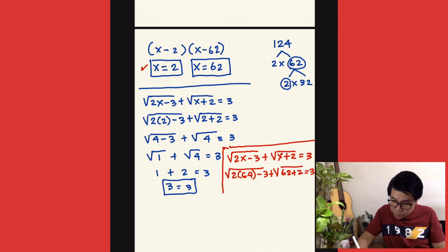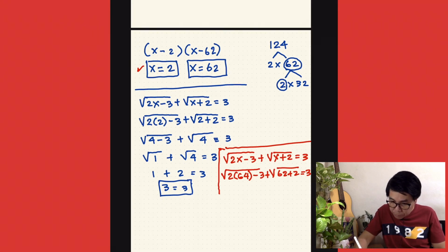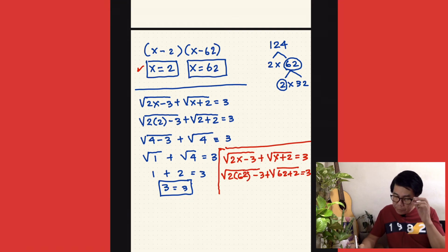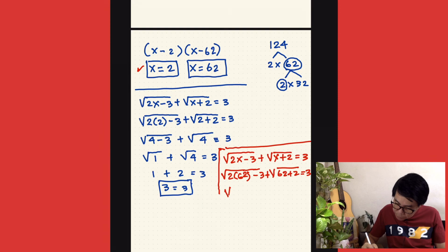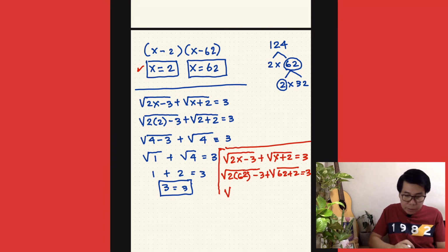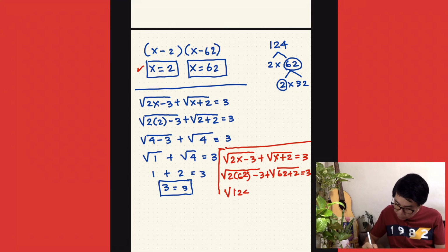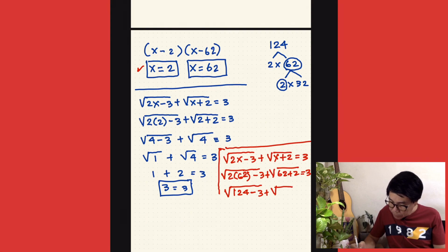Now, 62 times 2 is equal to 124, minus 3, plus square root of 62 plus 2, which is 64, equals 3.